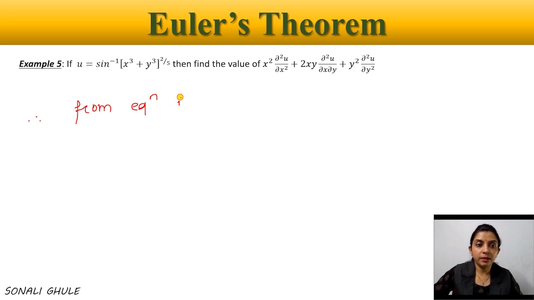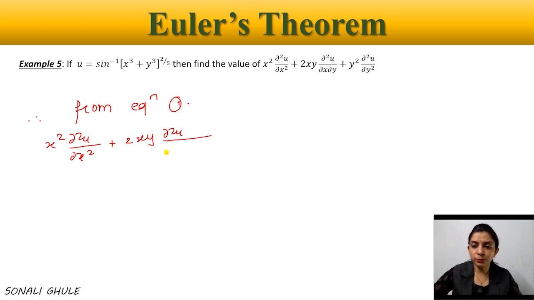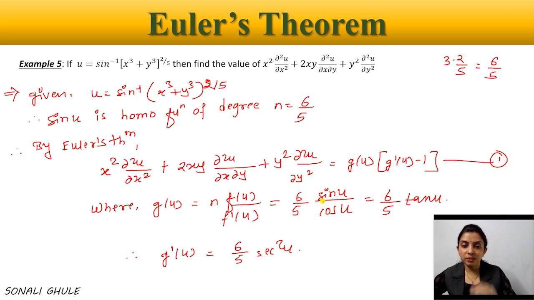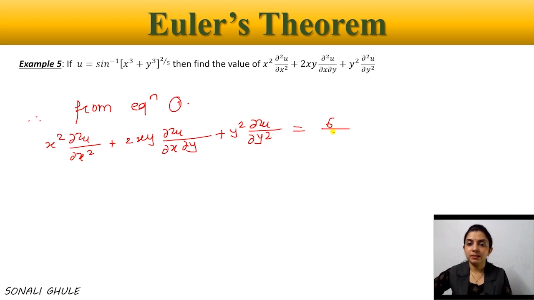From equation 1, x square ∂²u/∂x² plus 2xy ∂²u/∂x∂y plus y square ∂²u/∂y² is equal to g of u, which is 6 by 5 tan u, times g dash of u, which is 6 by 5 sec square u minus 1.